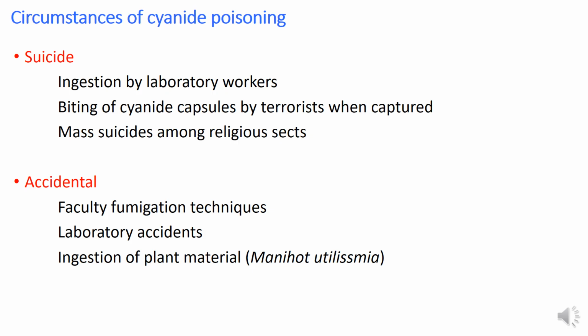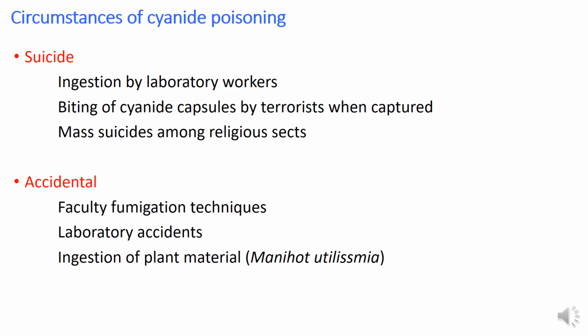Circumstances of cyanide poisoning: yes, obviously you can understand, right? Whenever you get a question where a jewelry shop worker is found dead with obvious pink color on his body, you have to think first of all about cyanide poisoning. It could be gas, it could be cyanide salt as well. I am not going to differentiate much, but you have to think about that possibility.